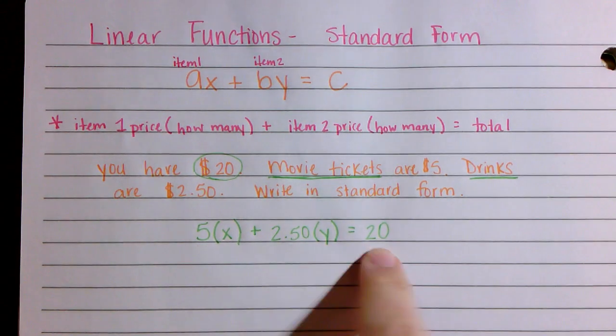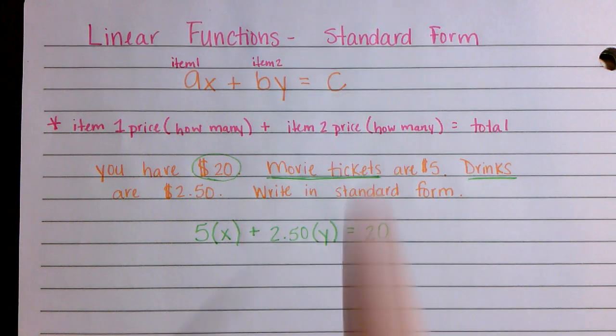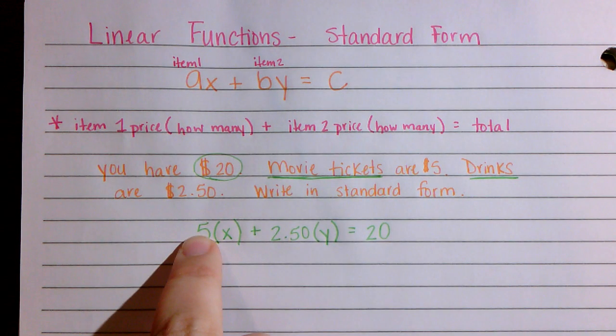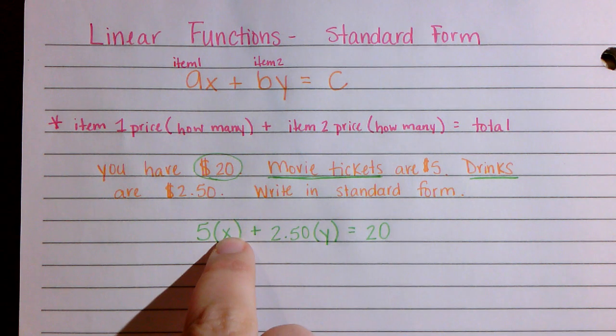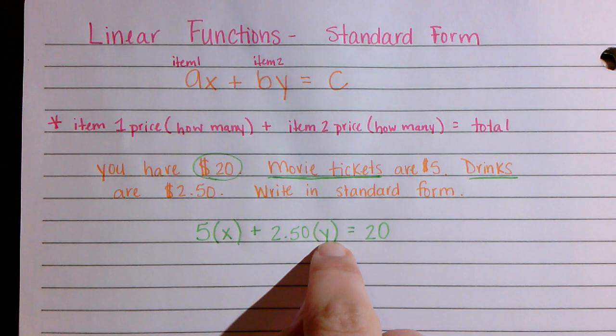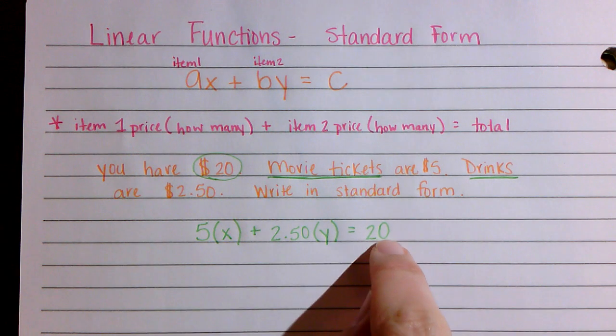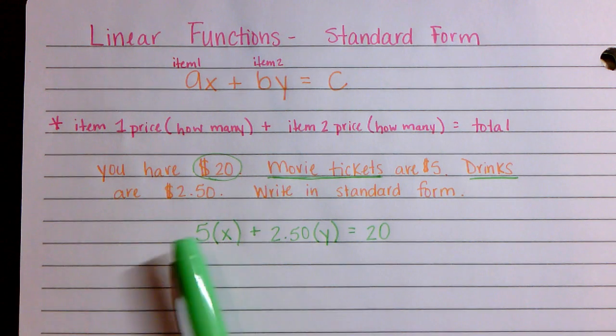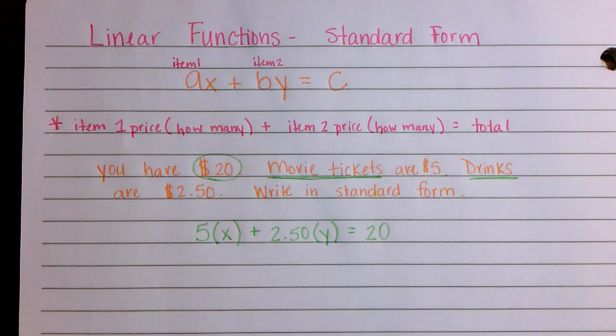So this is the standard equation for this word problem. $5 for movie tickets, and you can plug in however many you want to buy, and $2.50 for drinks, and you can plug in however many you want to buy, and it can't be more than $20. So let's say Sally wants to go to the movies. She has $20, and she now knows that movie tickets are $5 and drinks are $2.50.